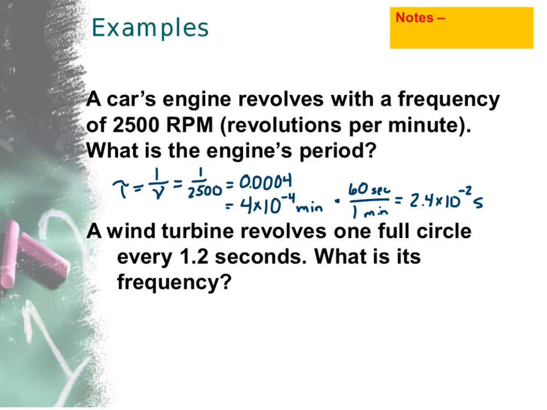So I would have 2.4 times 10 to the negative 2 seconds, or if I wanted to write that as a decimal instead of scientific notation, I would move 2 decimal spots over to the left because that's what negative 2 tells me to do. So 1, 2. So instead of 2.4, I have 0.024 seconds. Okay. So that would be my period in seconds.